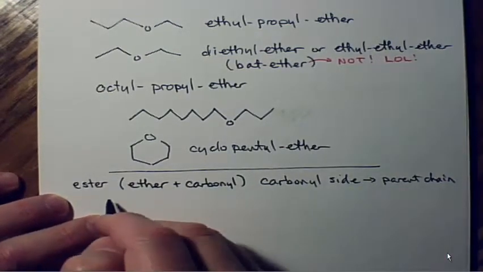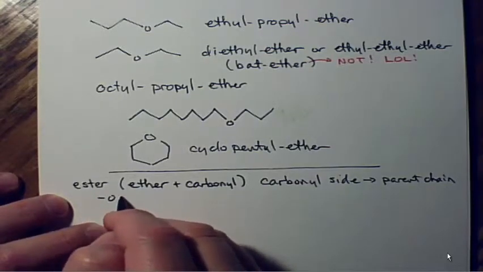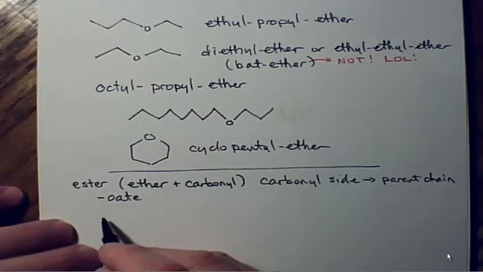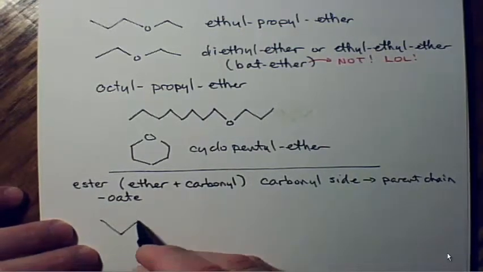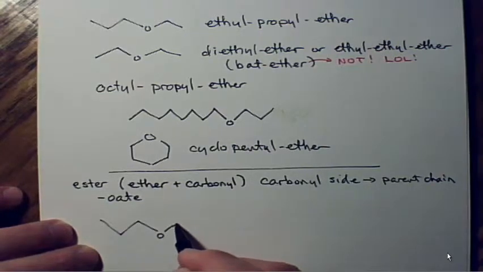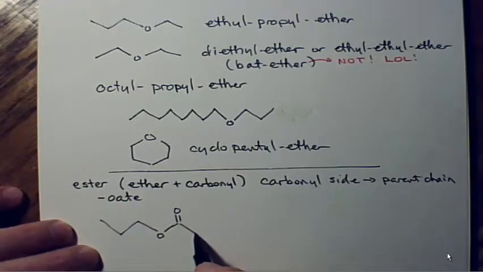Okay? The suffix we have for an ester is oate. So let's see, 1, 2, 3, and then let's put our ether here, and if you think about it that way, you can call this the ketone, and put 1, 2.